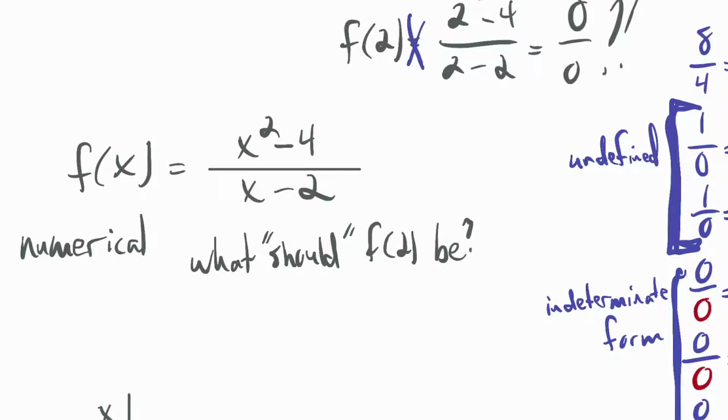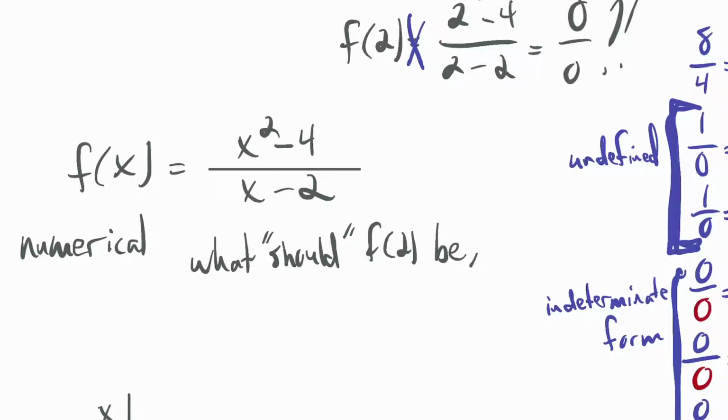F of 2 is undefined. 2 is not in the domain. When I say should, what I mean is, if we were going to change the function and assign a value, could we pick something for f of 2 to be equal to that would be consistent with what the function otherwise does? So based on the behavior of the function in the neighborhood, what should f of 2 be?